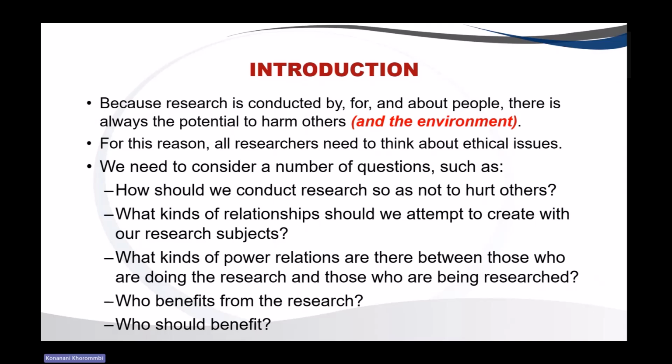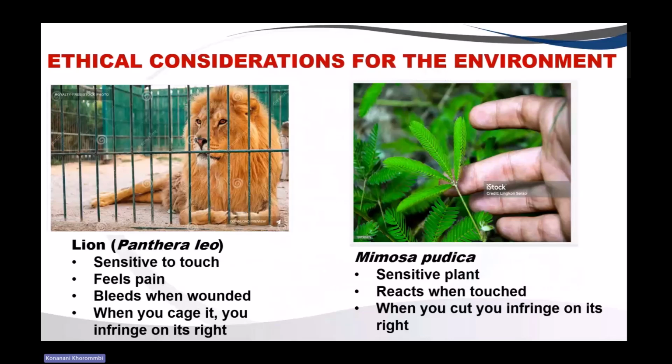And the slides that you see in front of you here are actually to show you that it's not only human beings that are affected. And I've said that the natural environment is affected. And the two living parts of the environment are plants and animals. I've got an example of a lion and one of the plants here, Mimosa pudica.